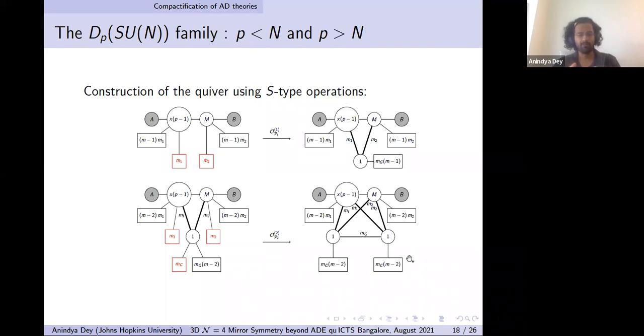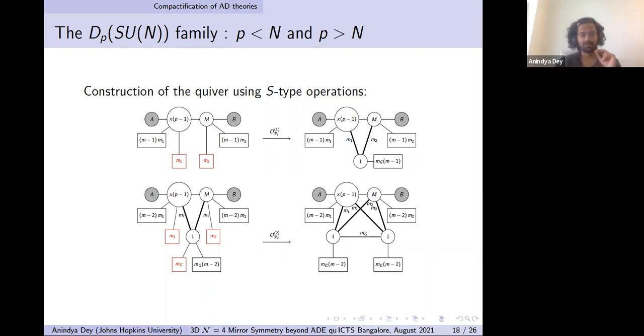If there were m vertices, then I would have to do m minus 1 S-type operations to get the quiver that I need. Now, the thing to note here is that the S-type operations that I'm using are, A, Abelian operations, and B, they are all identification flavor gauging operations.